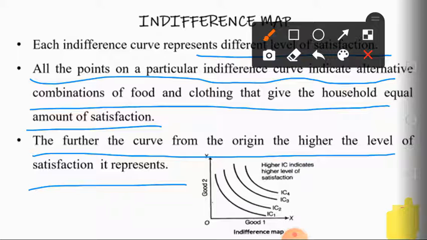It means the farther from the origin, the more satisfaction, or it is the curve a higher-income household can purchase commodities on. So IC4 is at the highest level and shows the highest satisfaction among all four curves.